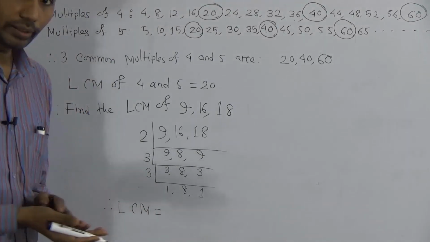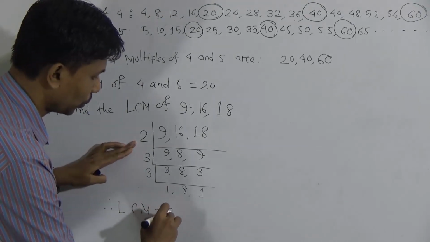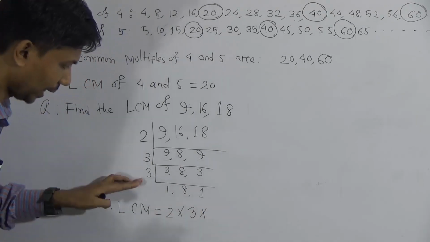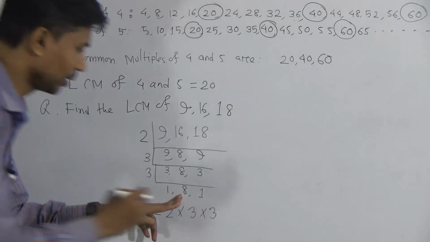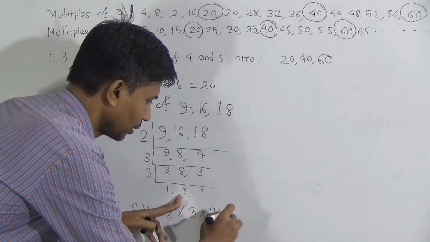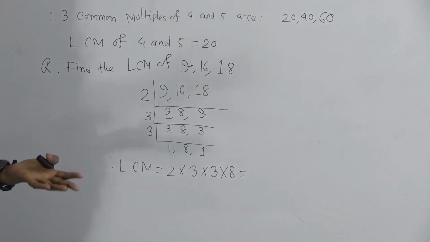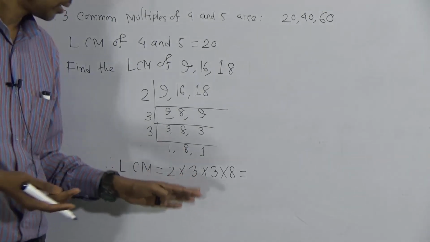How can we determine the LCM? At first you have to select like this way. Look, 2, then what? 3. Okay, then what? Then 3, then 8. No need to select 1, because if you multiply 8 by 1, that means 8. So it remains the same. So no need to multiply a number by 1.